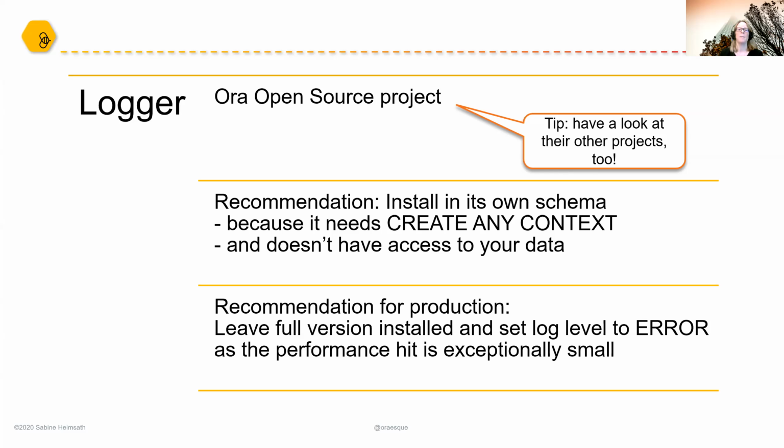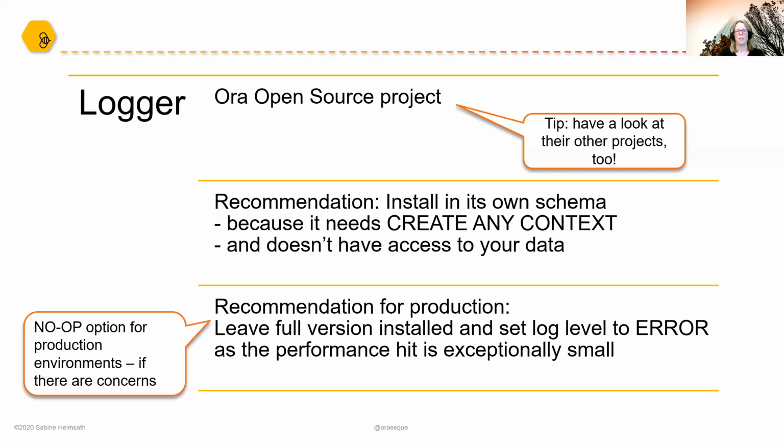Logger should be installed in its own schema because it needs to create any context, and it shouldn't have access to your data. So the application schemas should refer to Logger, but not the other way around. And recommendation for production, leave everything in it, and set the log level to error, because the performance overhead is very small.